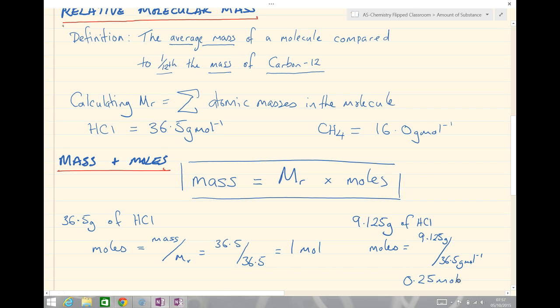Now, remember, the mole is just a huge number. So having small values of moles, 0.25, 1 times 10 to the minus 3, 1 times 10 to the minus 4, are perfectly acceptable answers and quite sensible answers for the moles of a substance that we have. There we have how we work out the mass and the moles. Make sure you're happy about the rearrangement of that equation.